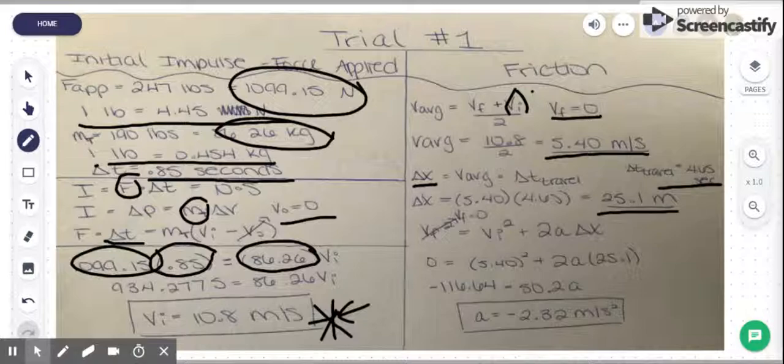Using kinematics, we know the initial velocity, the distance traveled, and that the final velocity is 0, so we can find acceleration, which ends up being negative 2.32 meters per second squared.